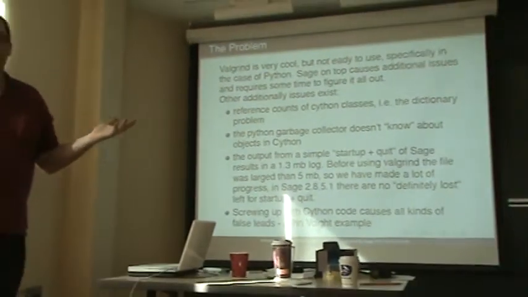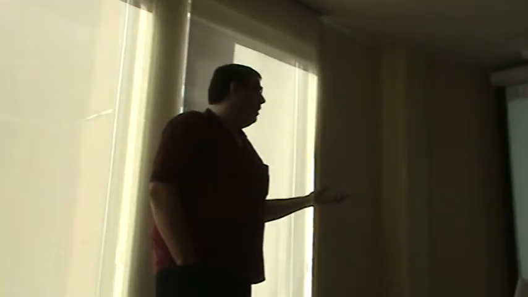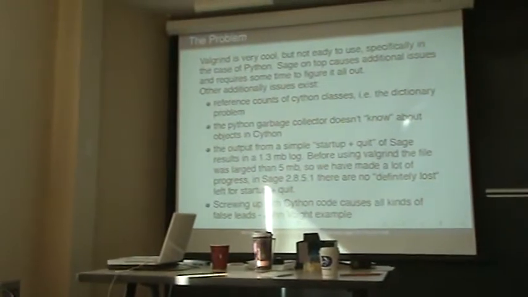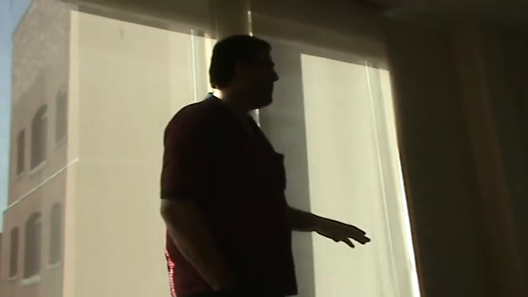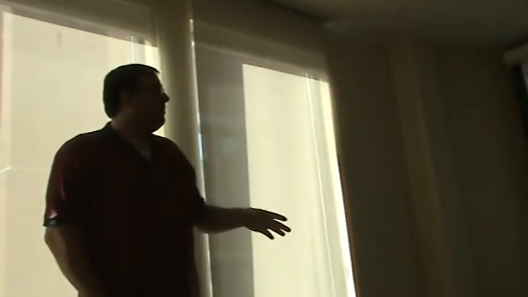Valgrind on C or C++ code is pretty easy to use. Running it is very easy, interpreting the output is fairly easy, and actually catching the issue and finding the particular fix is fairly easy with a little bit of experience. We're actually Valgrinding Python, and Python has not only its own malloc implementation called pymalloc, which very much confuses Valgrind, but it also leaks about half a megabyte.